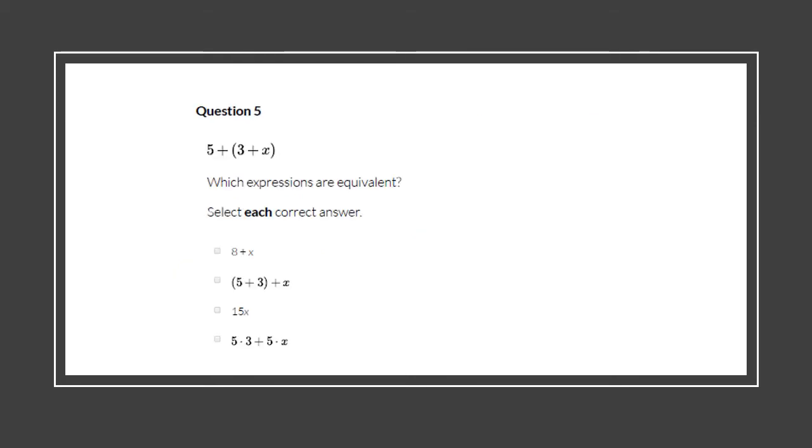Okay, 5 plus 3 plus x. Because we have a plus sign here, we're not going to do the distributive property, but we can regroup using the associative property and get 5 plus 3 plus x.